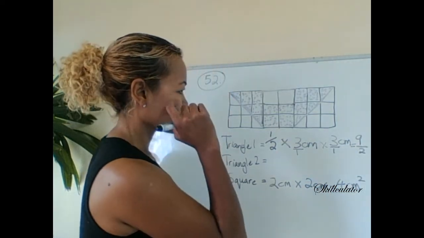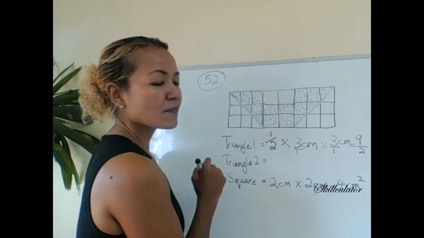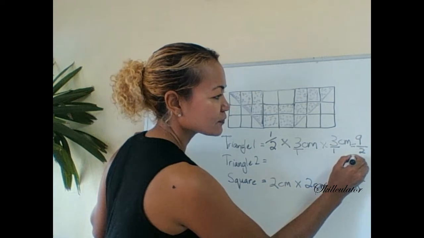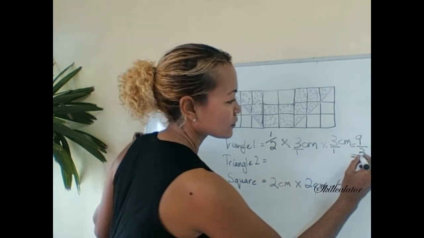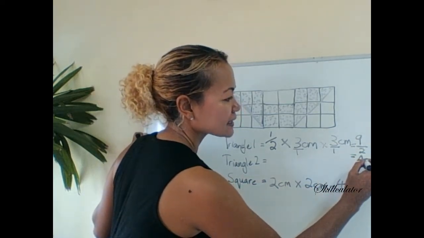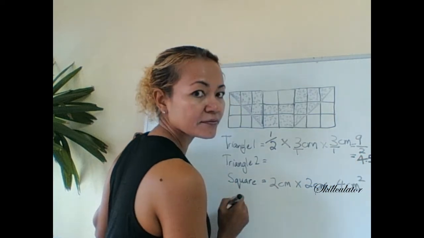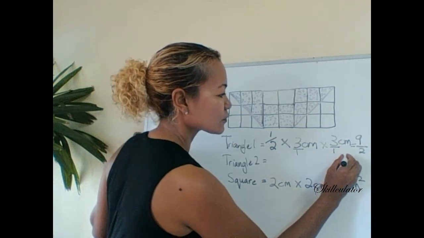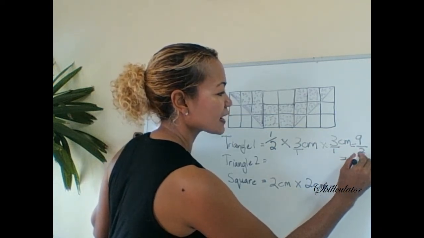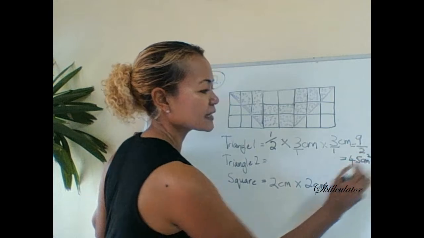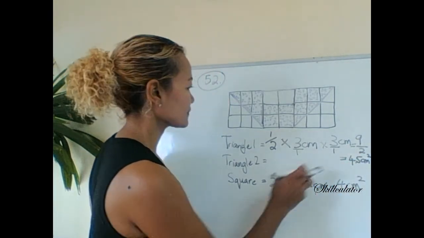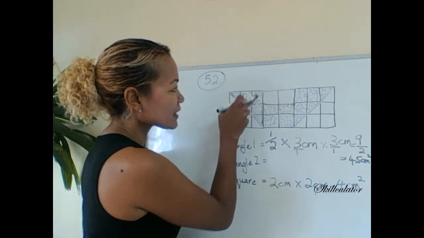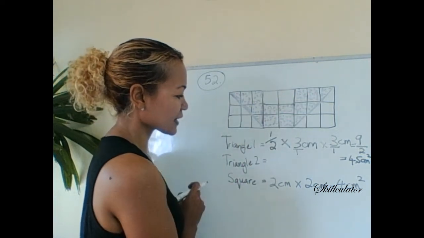Right? And that gives you an answer of 4.5. Equals 4.5 centimeters squared. Now you will see this triangle 1 is exactly the same shape as triangle 2.